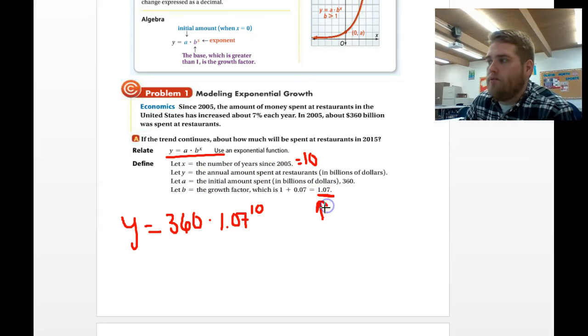I want to spend a second on how we got the growth factor. It says a 7% increase. That means that if I make this amount of money, the next year with a 7% increase I'm going to make that amount plus 0.07 of it.